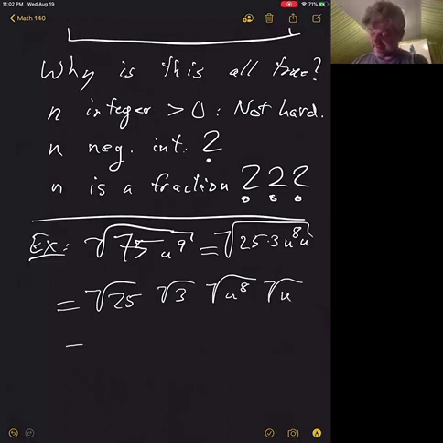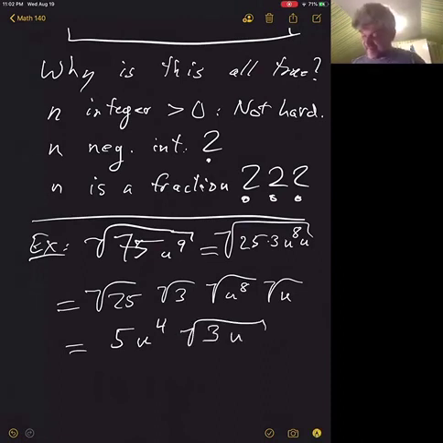And we can do the square root of 25, that's just a 5. Square root of u to the 8 is u to the 4. And then the 3 and the u, can't do much about those. We'll combine them, put them back together as 3 times u. And that is what they call the simplified radical form.